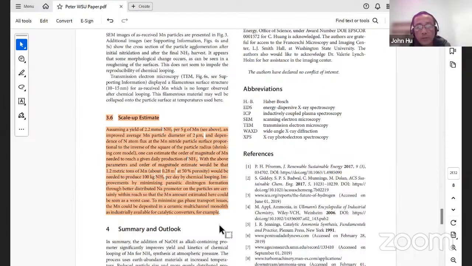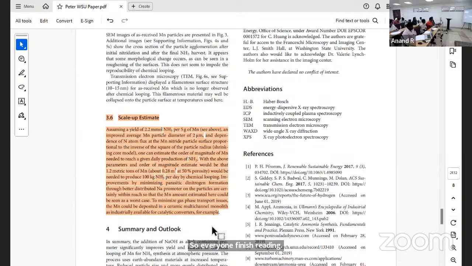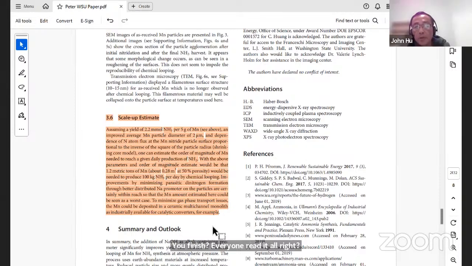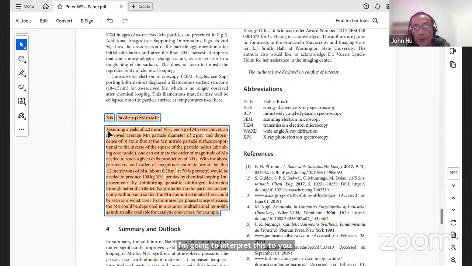So everyone finish reading? You finish? Everyone read it, all right? It's very, very complex, okay? I'm going to interpret this to you. So basically, in the laboratory, he assumed a yield of 2.2 millimole ammonia per 5 grams of manganese.